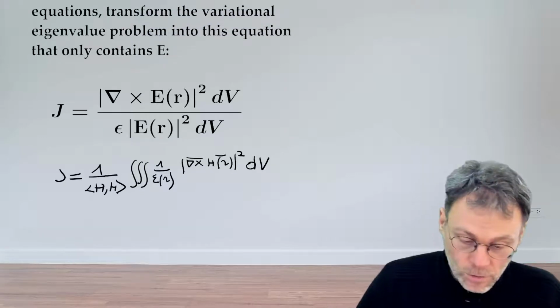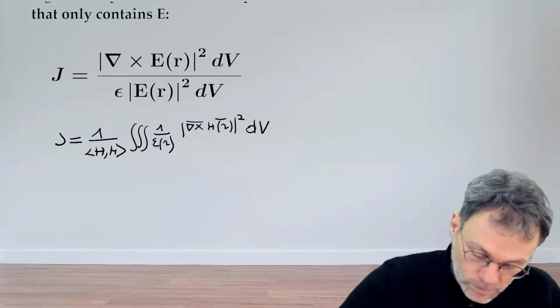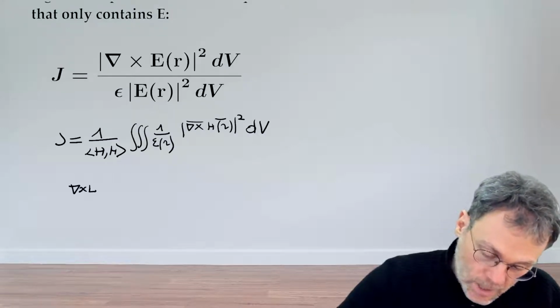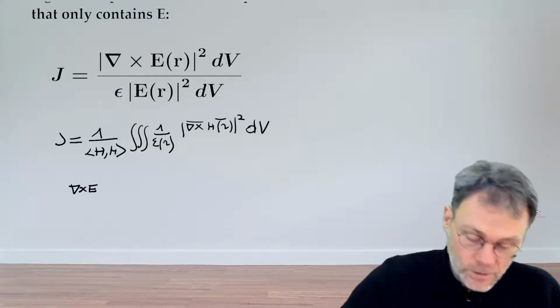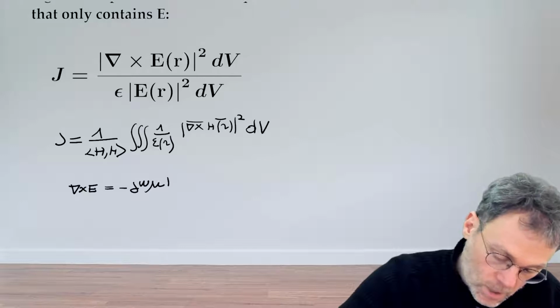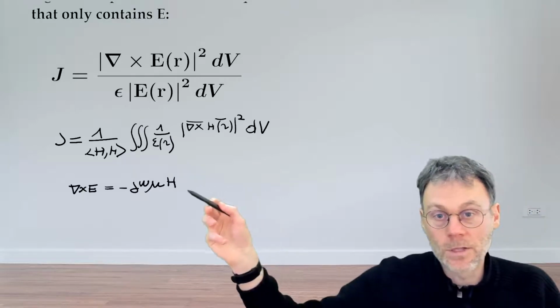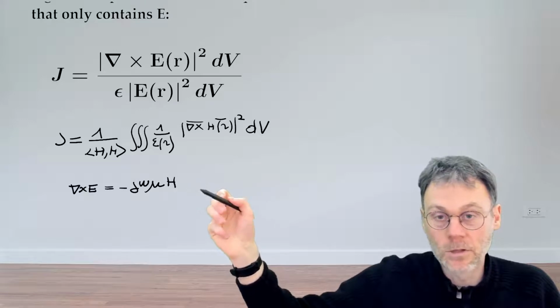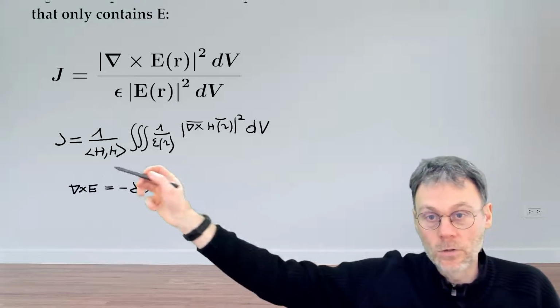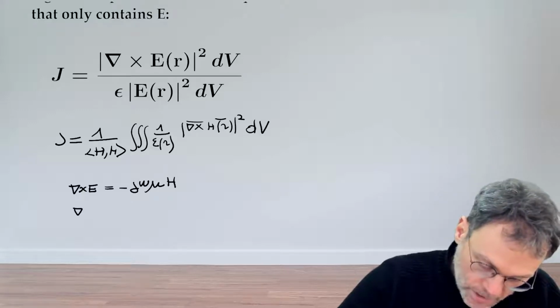Obviously, our solution should satisfy Maxwell's equations, so these will come in handy. First of all, we have the curl of the electric field is minus j omega mu H. Just because I'm lazy, I will not explicitly mention that this depends on the spatial coordinates, and I will also not write the vector signs, just to speed things up a little bit.